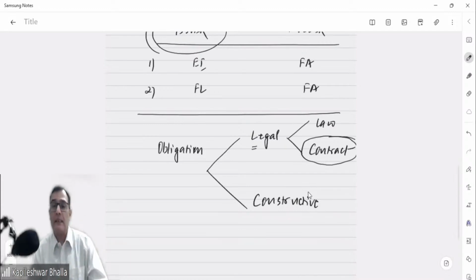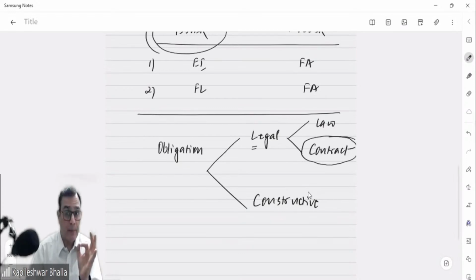So when I'm focusing in terms of financial instrument as a standard, the focus is on a contractual obligation. When 2 parties enter into a contract, it creates a contractual right for one person and it creates a contractual obligation for another person. So we are looking at the obligation which is contractual in nature. So when you're looking at this standard, remember very clearly, I'm not looking at obligation by virtue of law.